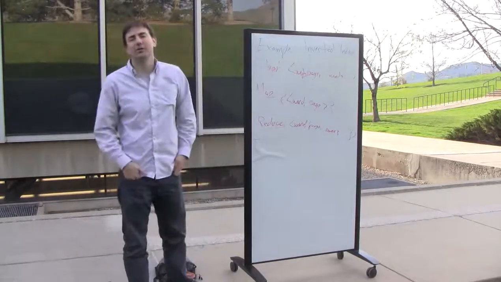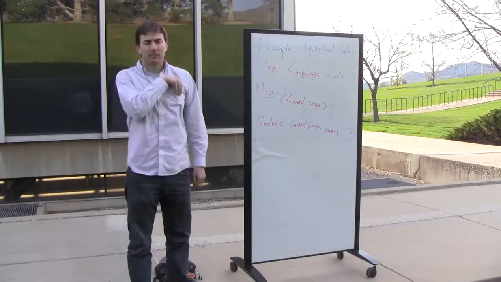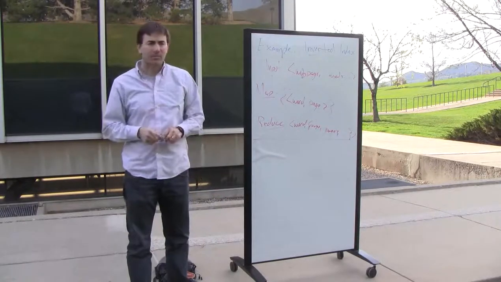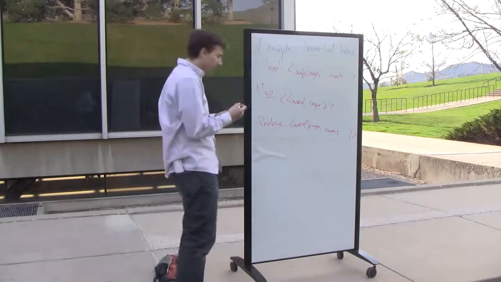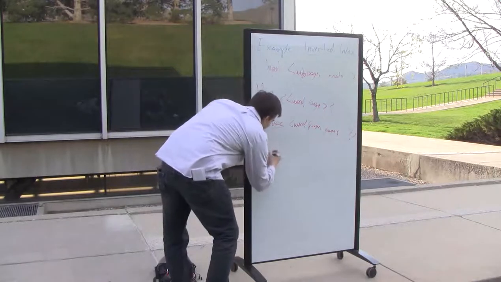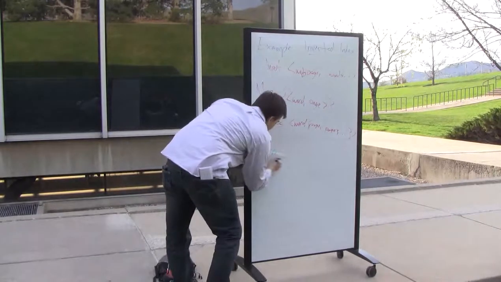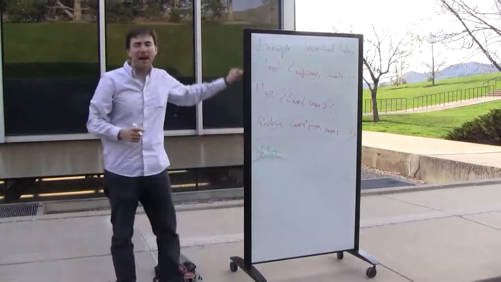So how would we do this? We just need to do these 2 steps. What is the map phase here?